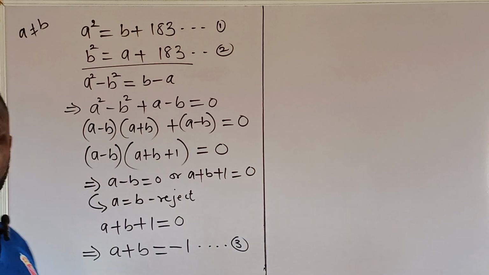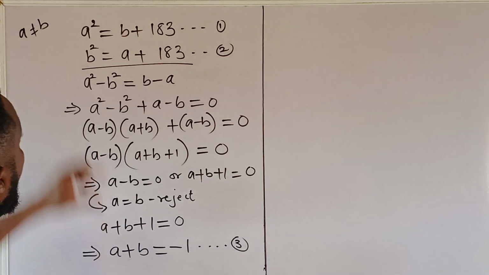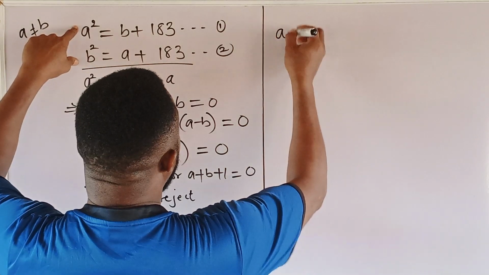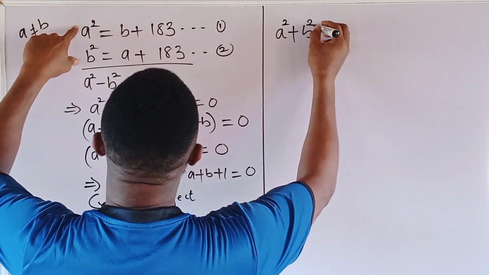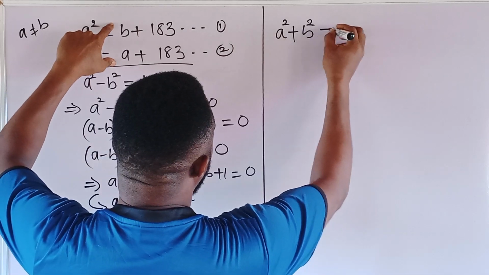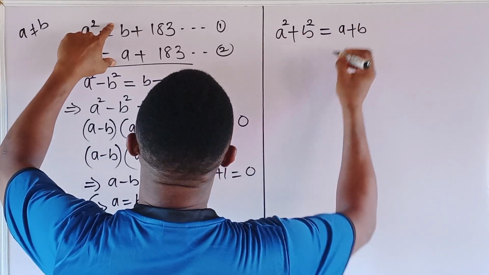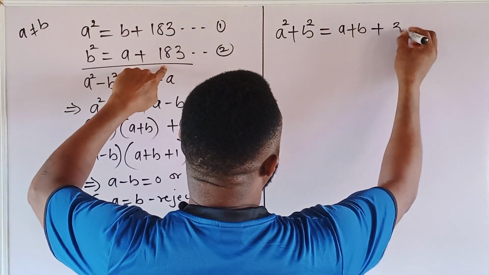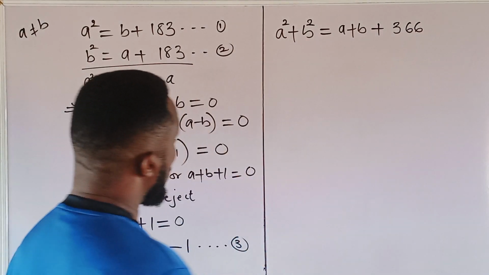Then the next thing I shall do, having subtracted equation 2 from 1, is to also add equations 1 and 2 together. If I do so, on the left side we are going to have A squared plus B squared. On the right side, I'm going to have A plus B. Then 183 plus 183 will give us 366.